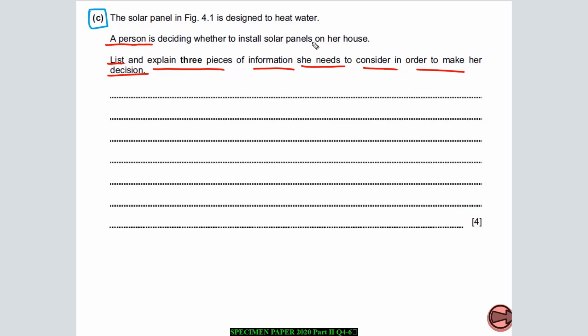First, when you are going to install solar panels, we need to consider whether the sunlight is enough there or not. The second thing, the cost is very important. Also, we need to consider our needs: how many solar panels we need to install so they can meet our needs. If we have these things in mind, we can answer that.